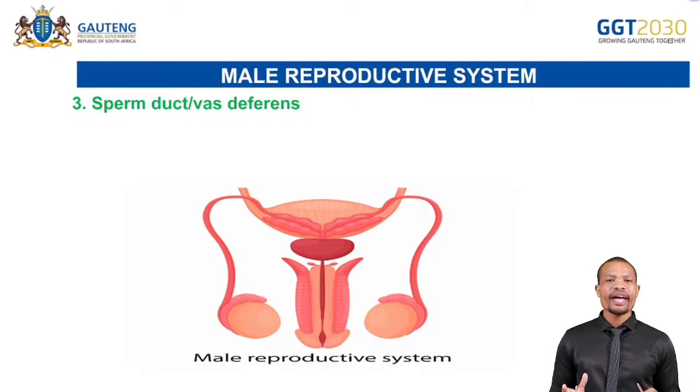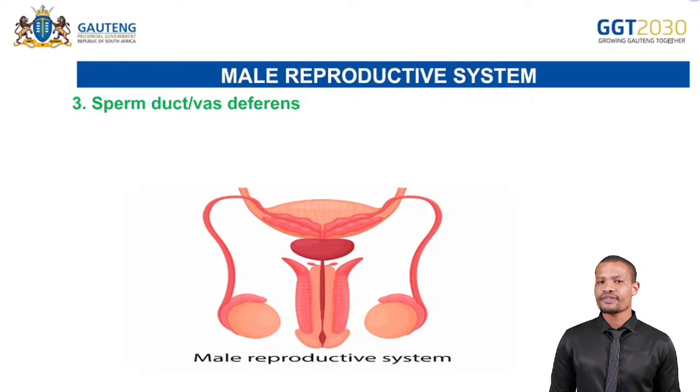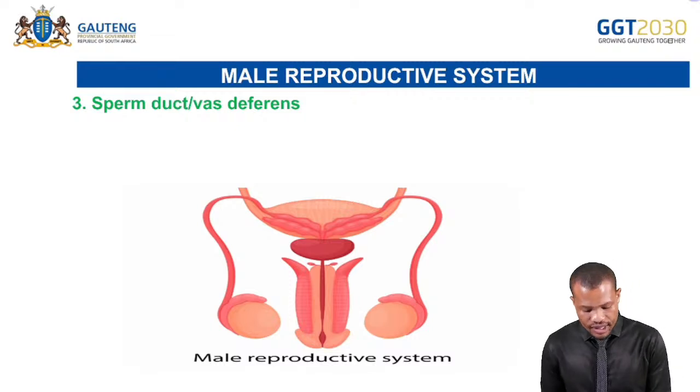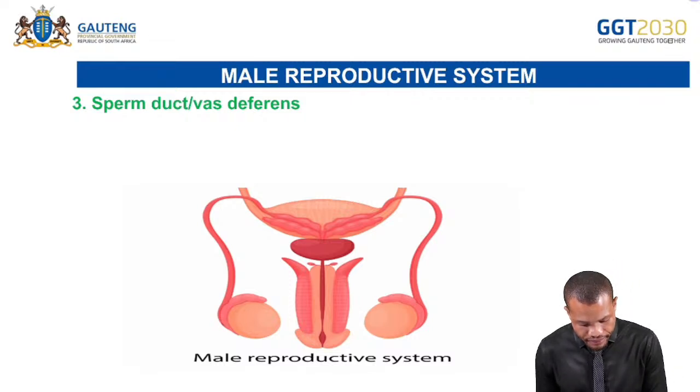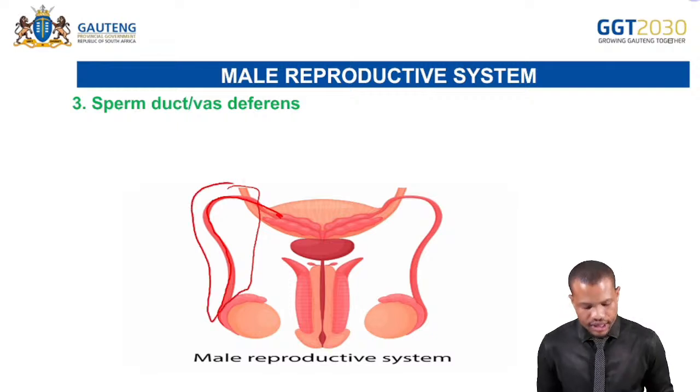Okay, where would you say is this one located in the male reproductive system? It is the tube that connects the testes to the seminal vesicle. Okay, so it's this tube over here running all the way up to the seminal vesicle there. So this is the sperm duct.